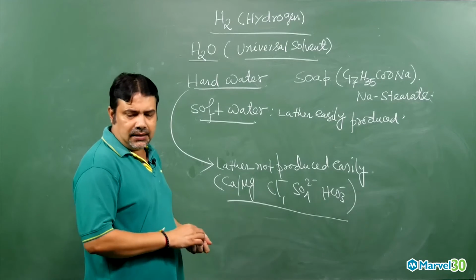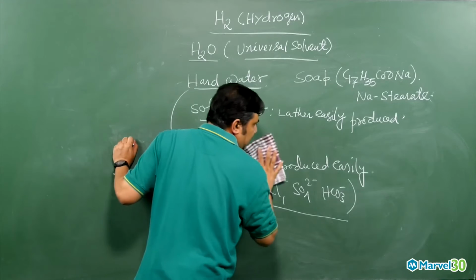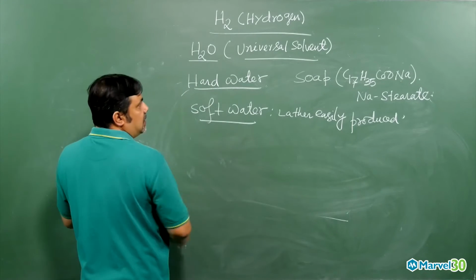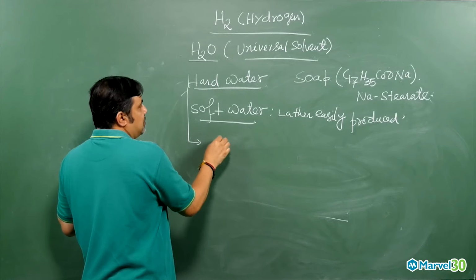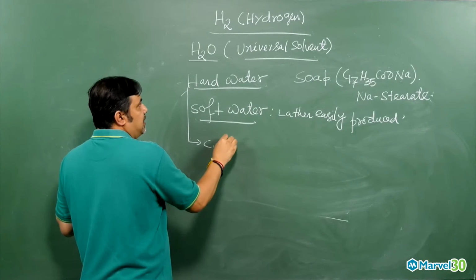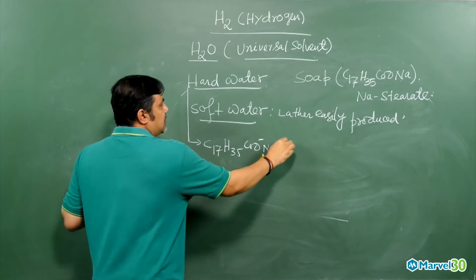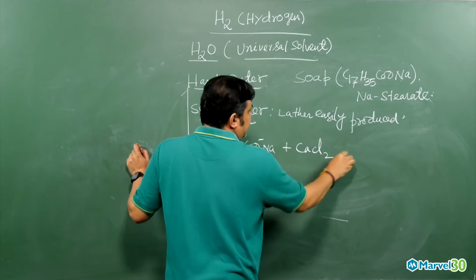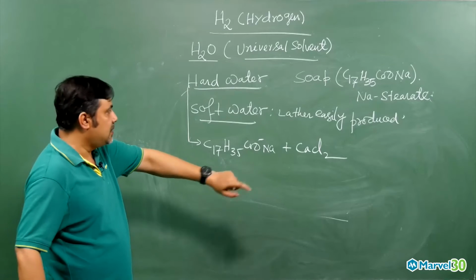For that, if you look at this case, what will happen? Suppose whenever the soap is there, we are taking hard water, and the soap is C17H35COONa. Suppose in the salt there is calcium chloride. So the calcium salt is producing hardness.